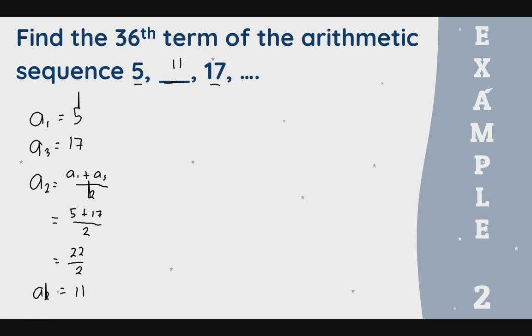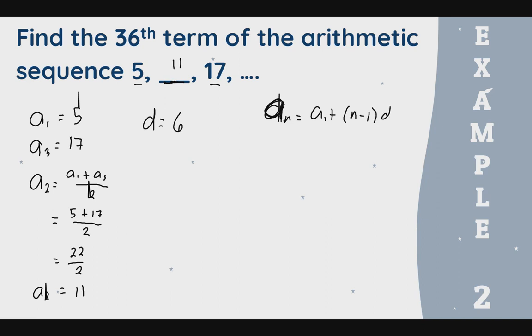So now we have our 11 as the a sub 2. Now, if 11 is our a sub 2, what is our common difference? Very good, 6. The common difference is 6. Now, from the formula, a sub n is equal to a sub 1 plus n minus 1 times d.